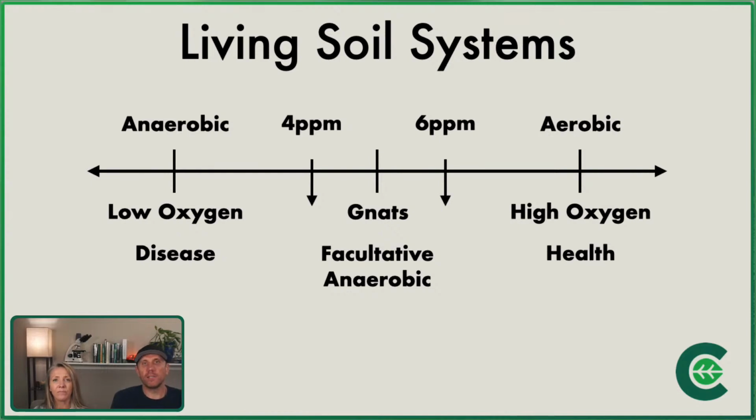One of those things that is always perfectly performing its function of indicating to you, the farmer, that you've dropped into that facultative anaerobic or decreasing oxygen zone are black fungus gnats. Those are, in my opinion, the most accurate indication that you've fallen into this range.